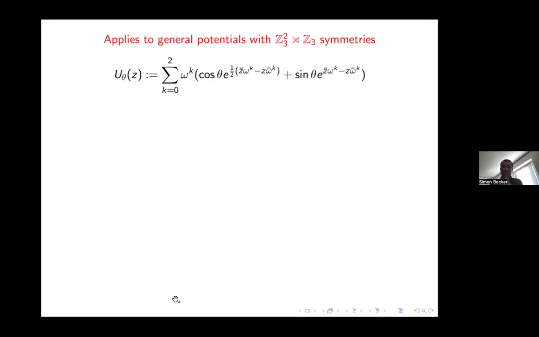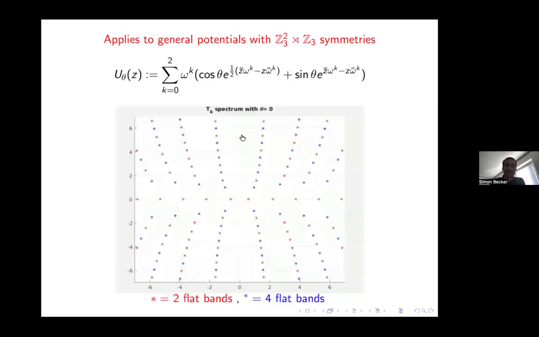And just to show you that this effect, what the magic angles are and what their multiplicity is, is very sensitive towards which kind of potential you choose, independent of symmetries, I just want to show you a movie where a red dot means 2 flat bands, so a simple magic angle, a simple eigenvalue of T_k, and blue means 4 flat bands, a twofold degenerate eigenvalue of T_k.